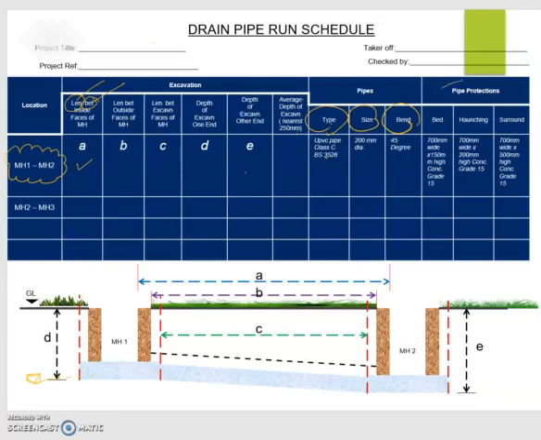The third column is the pipe protection, whether you have bed, haunching, or surround. Surround is what we call covering, haunching is what we call benching. Get yourself familiar with this drain pipe run schedule, because we are going to use this in your taking off.